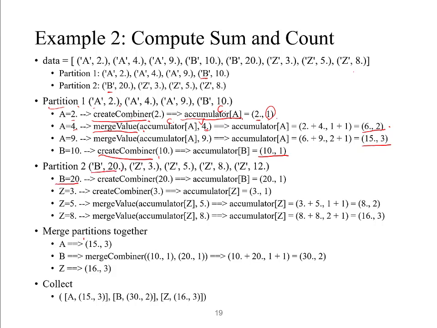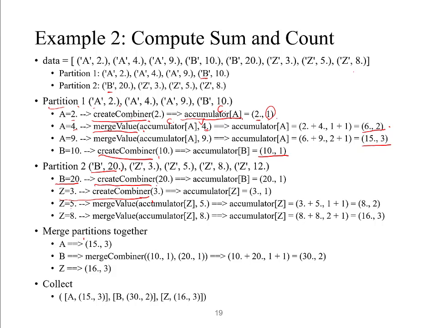When we have B20, it is again a new row that we first met, because this B10 is in another partition. So in this partition, B20 is a new row. That's why we use a create combiner for B20 here. And for the same reason, we use a create combiner for these 3 here.